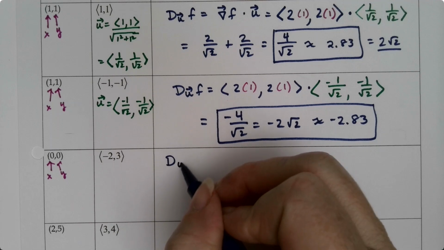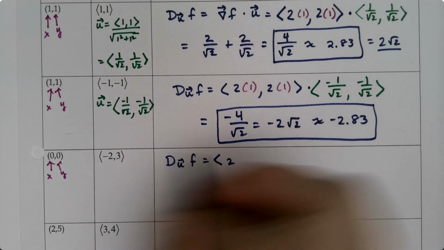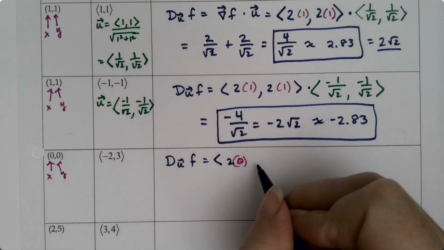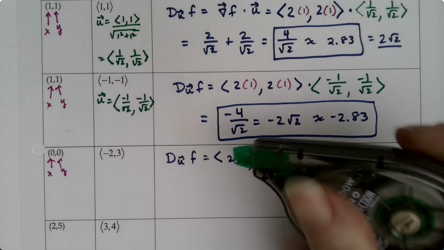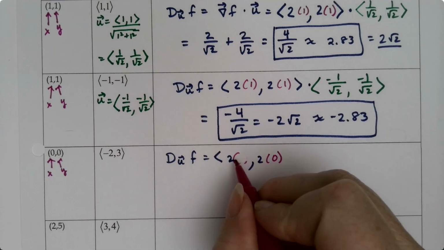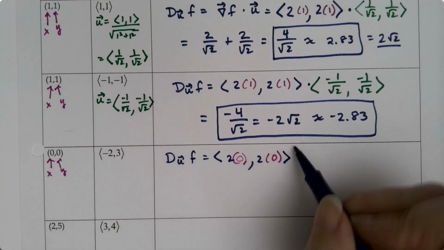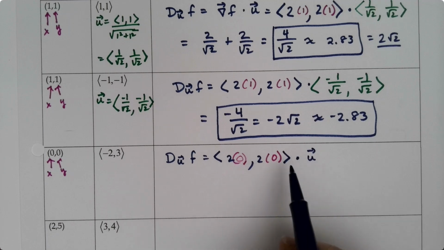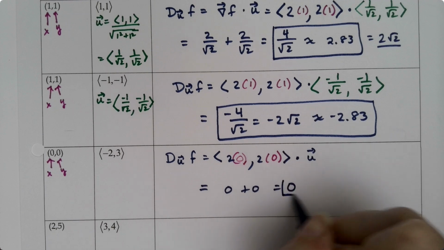When we get to over here, this would be 2 times 0, which is 0, and 2 times 0, which is 0. Sorry, my 0 looks like a theta there, and I did not intend that. It's supposed to be 0. Which is going to be (0, 0), right? So whatever u is, when we dot product it with it, it's going to be 0. So this would just be 0 plus 0, which is 0.